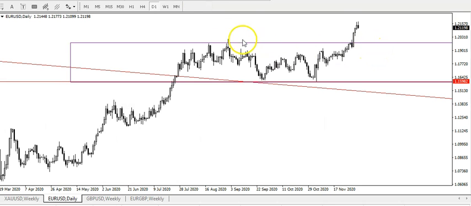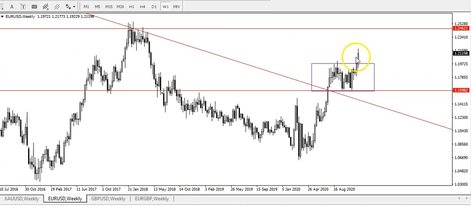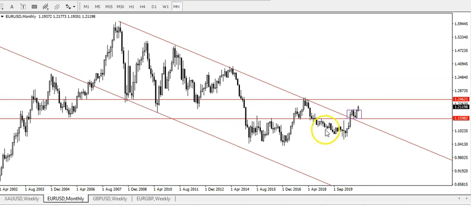But having said that, this is where I wait for a pullback and I take it long. It seems like a major trend has been broken. It's also very clean because I've already got a higher low. I now need a higher high, and that is a clear confirmation of a major change in trend.